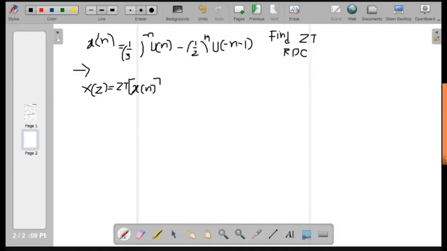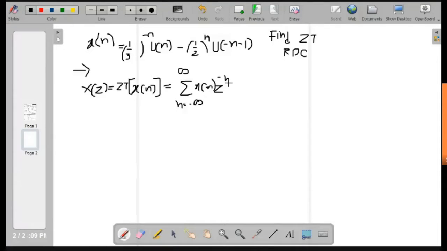So how will you do this? Use the definition. What is that definition? Summation n equal to minus infinity to infinity of x of n z raised to minus n.